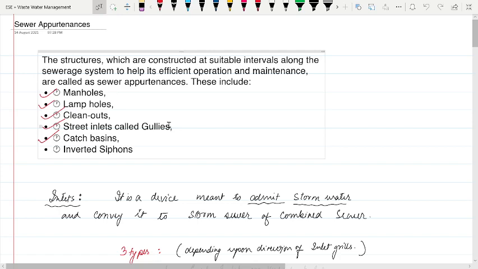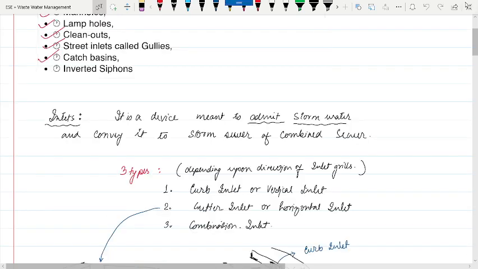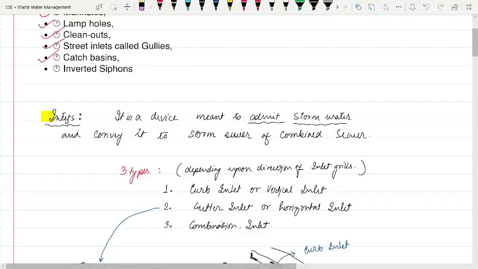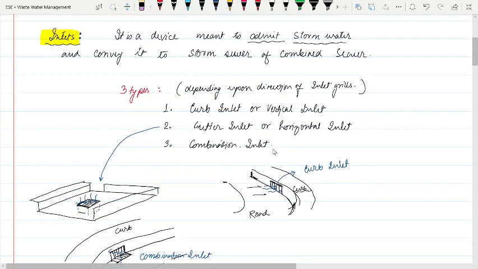First, let us discuss inlets. Okay, so what do inlets do actually? They admit storm water to the combined sewer or storm sewer. But while admitting, it also has to check from where it has to admit the rainwater.